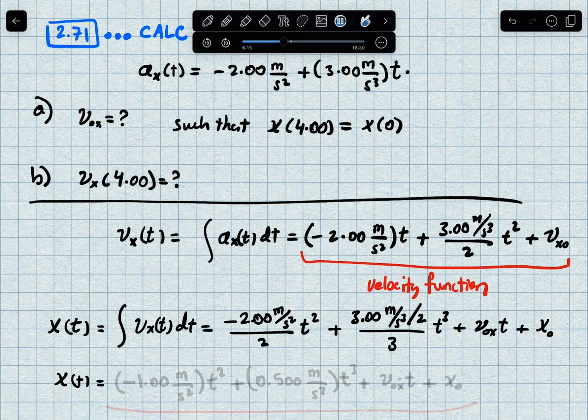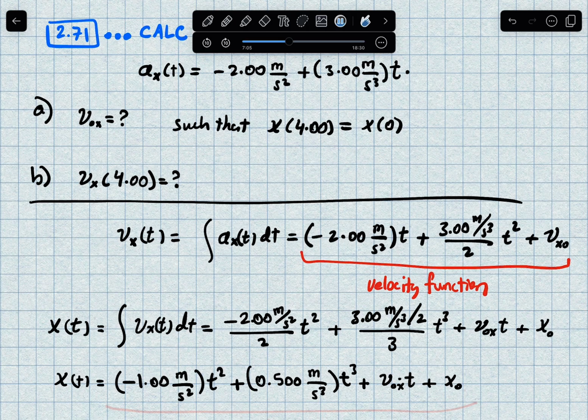So 2 over 2 is just 1. So I'll say -1 meter per second squared multiplied by t squared, plus half meter per second cubed multiplied by t cubed, plus v naught x t, plus x naught.